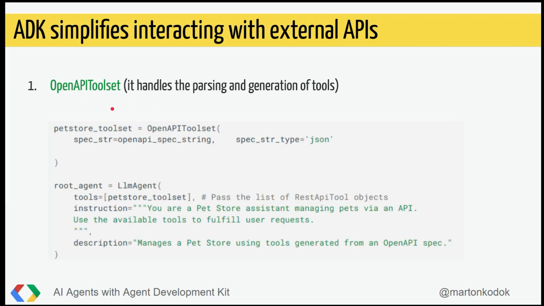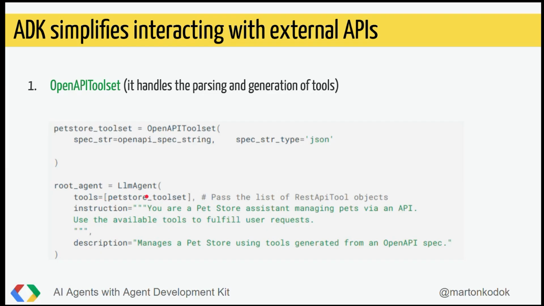I will stop for a moment here because this is life-changing. This is very, very good. You need to read the JSON of the Swagger, and you can hook it into this parameter, which is the spec. And the pet store toolset can be added as a tool for the LLM.